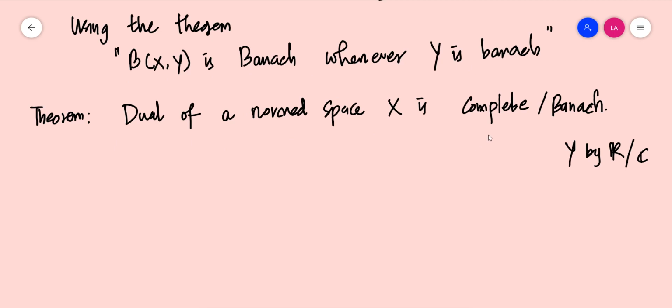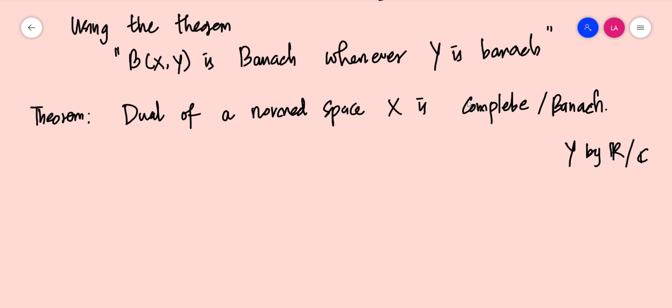So the dual space of a normed space consists of the set of all bounded linear functionals from a normed space X, and it forms a complete normed space, or it's a Banach space. That's the basic idea. So if you have been asked to prove this theorem, you have to prove this theorem and state the fact that here, in the case of linear functionals, Y is either R or C. Both of them are complete.